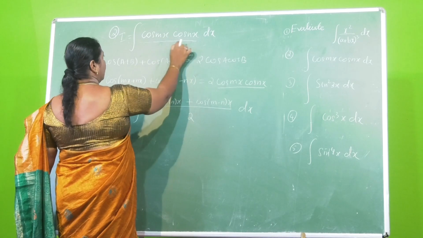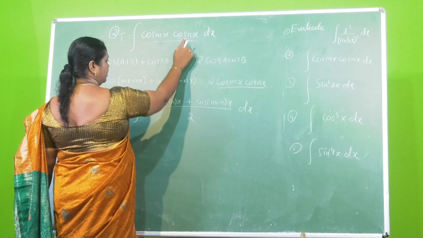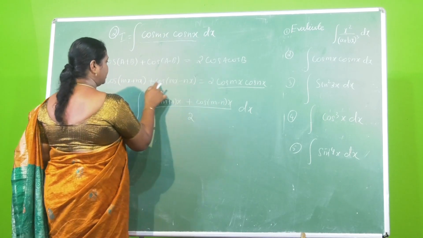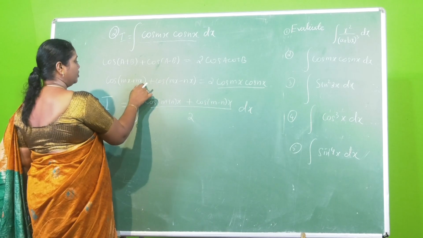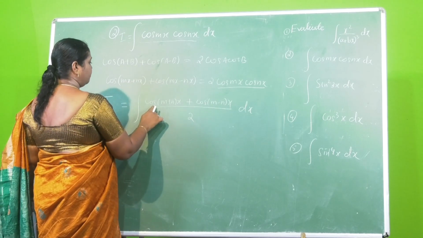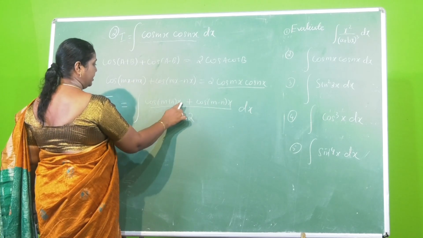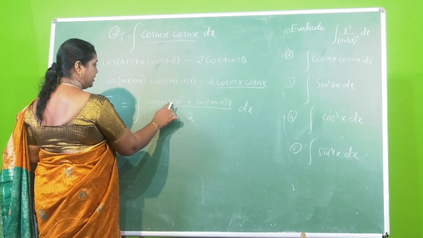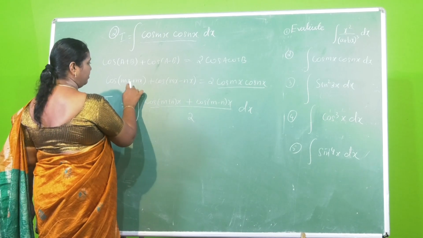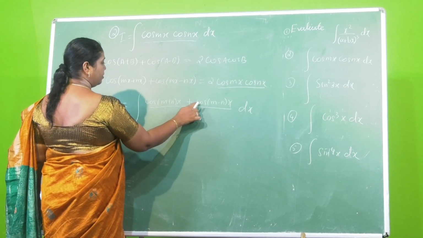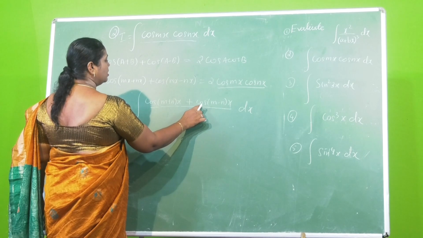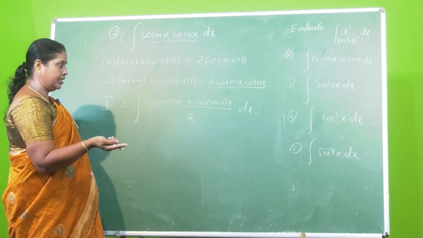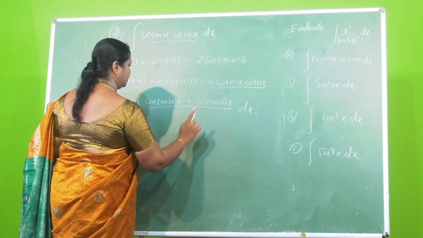Because here you have only cos mx cos nx, but here we have 2. So we have to take the 2 to the left-hand side. So this will become cos of (m plus n)x. That is, I rewrite it as (m plus n)x, because in both of them x is common. Similarly, the second term will become cos of (m minus n) into x, divided by 2, into dx.